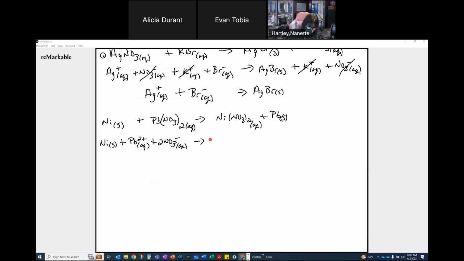And then on my product side, I have nickel 2 plus aqueous plus 2 NO3 minus aqueous, plus Pb. So I've taken all of that aqueous stuff and taken it apart.